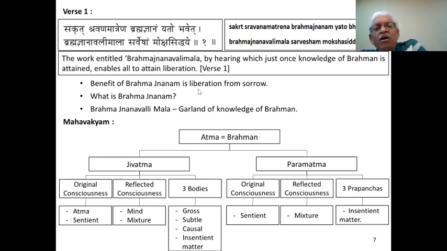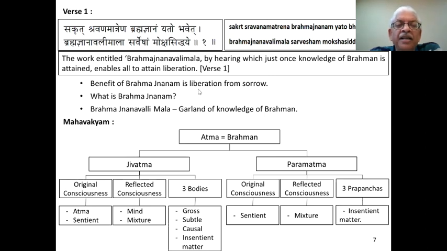So, in order to understand the oneness between the individual jiva and the totality, which we will call Paramatma, that means the totality, we normally divide the Jivatma and the Paramatma into three parts. One part is the consciousness part, which is called the Atma part.